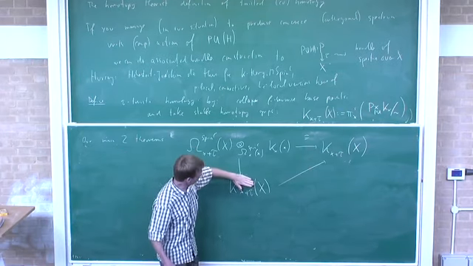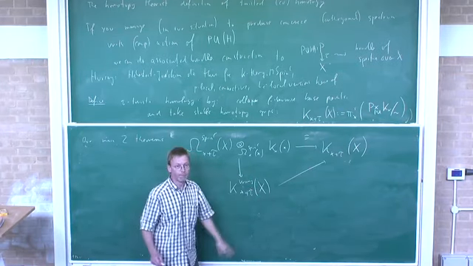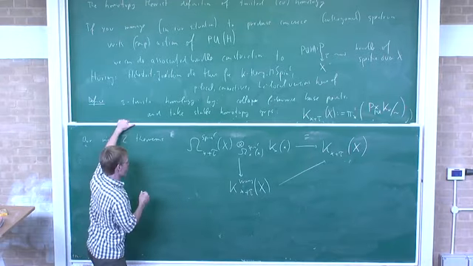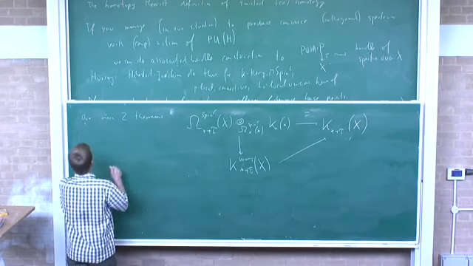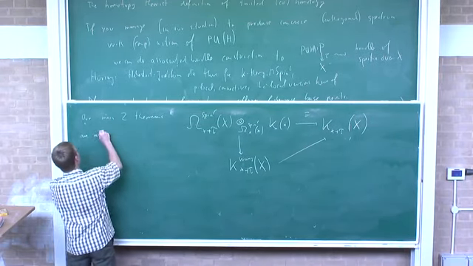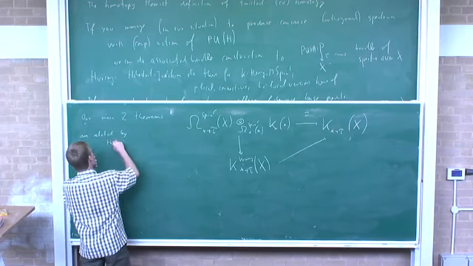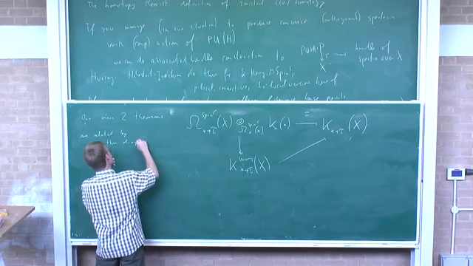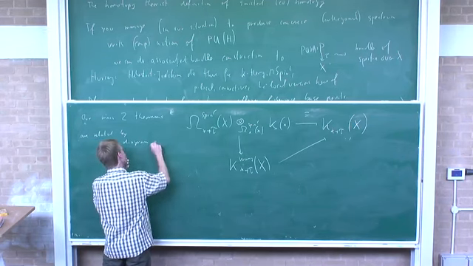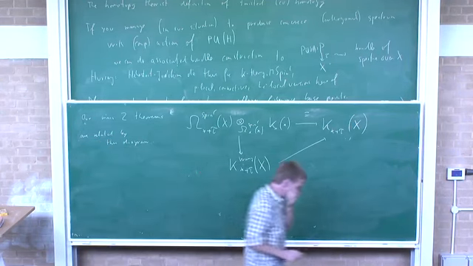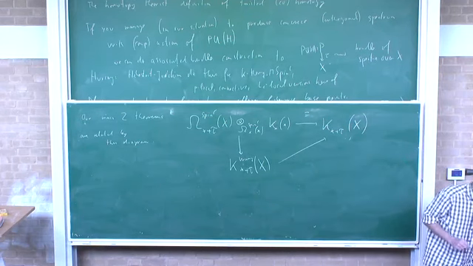I mean, in the classical case without the tau, these are related by a diagram.